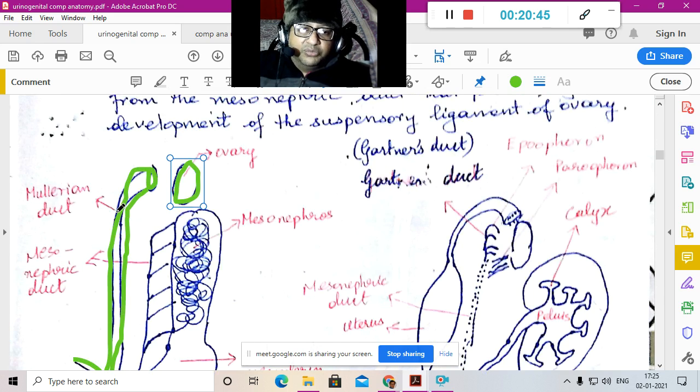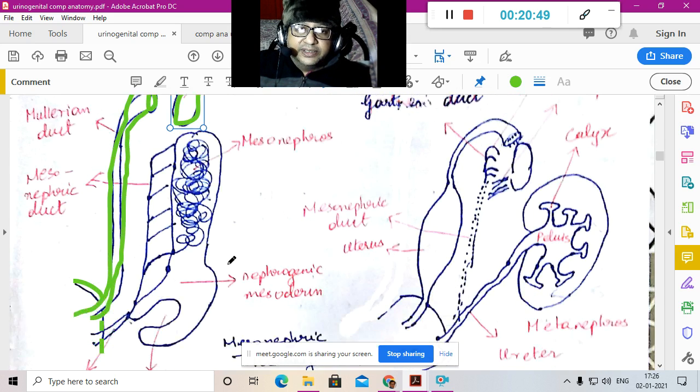So this is the Mullerian duct, and it is parallel to this. You see this duct coming out from here directly, which goes inside this. This is the mesonephric duct, and these are the connections of the meso. And this is the mesonephros.